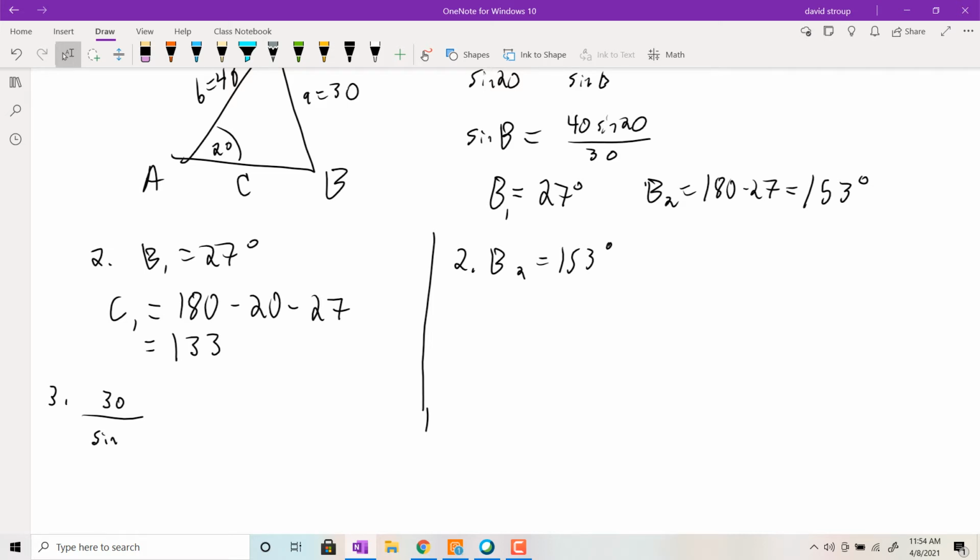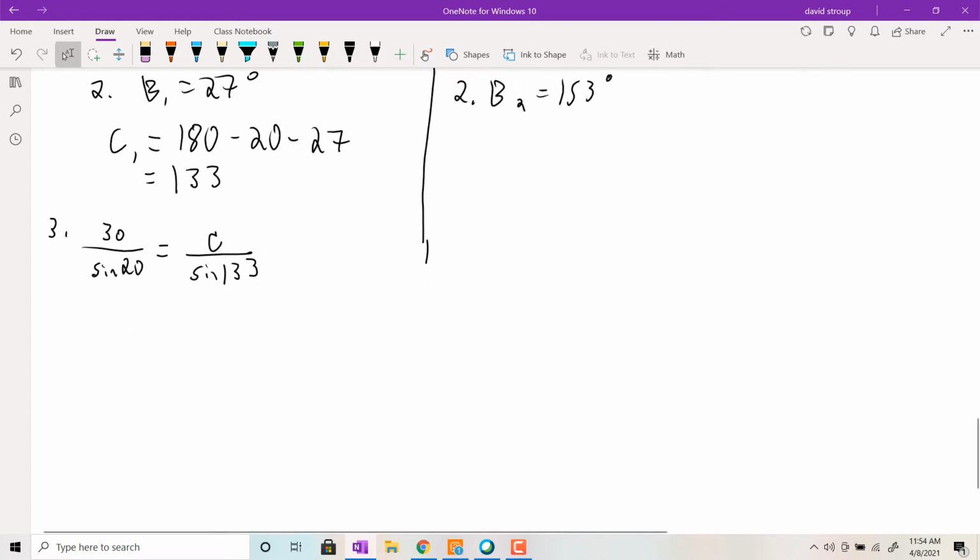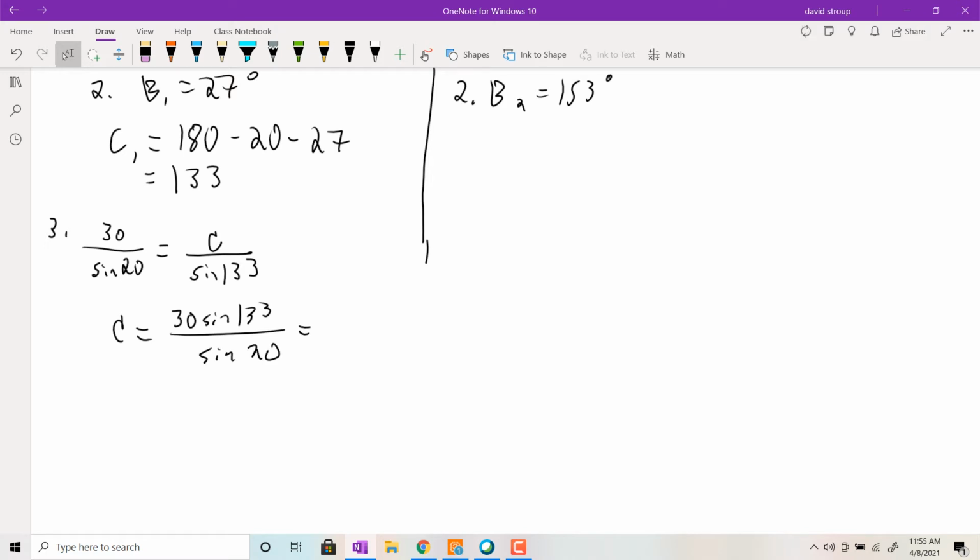So anyways, 30 all over sine 20 equals the unknown little c all over sine of 133. And then you can solve for c by multiplying both sides by sine 133. You get 30 sine 133 all over sine 20. We want one decimal place, so in this case 64.2.